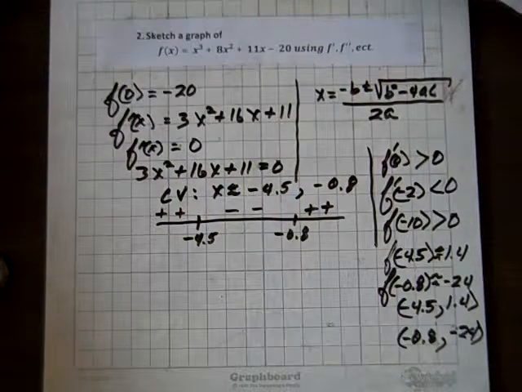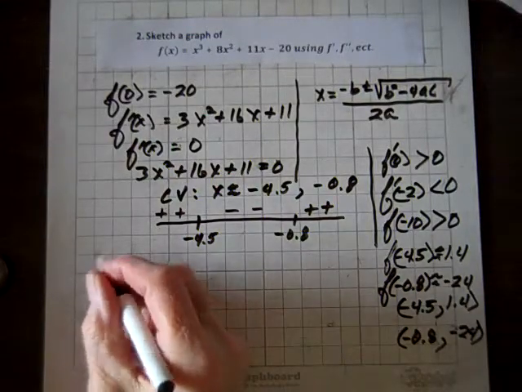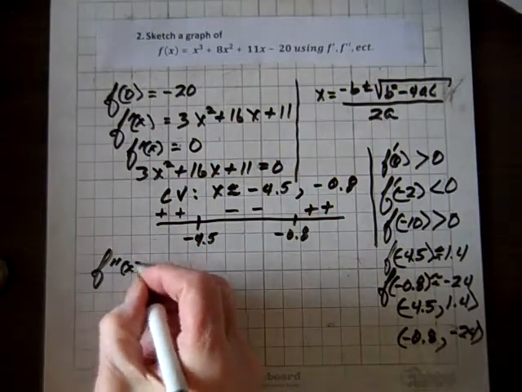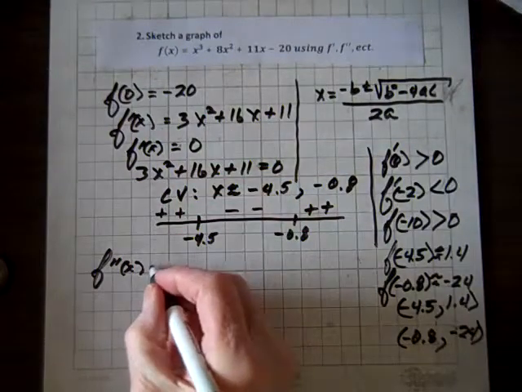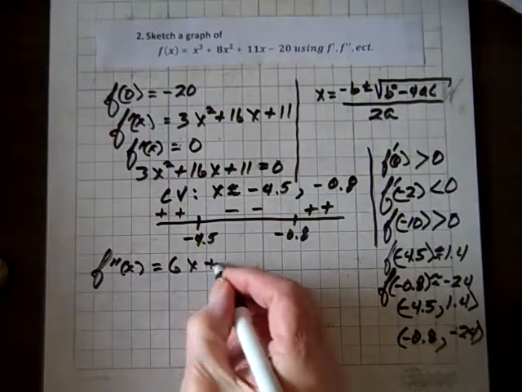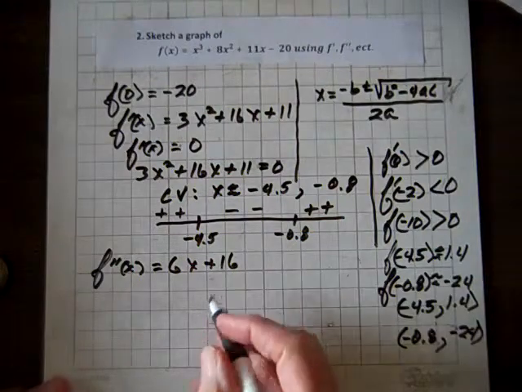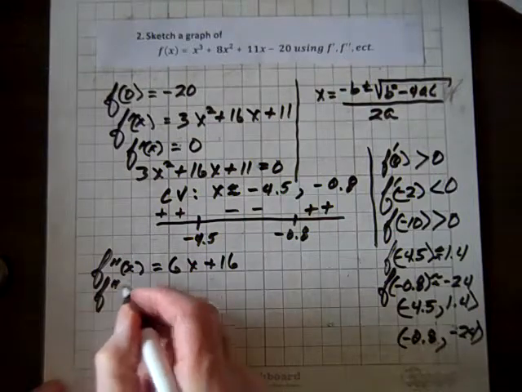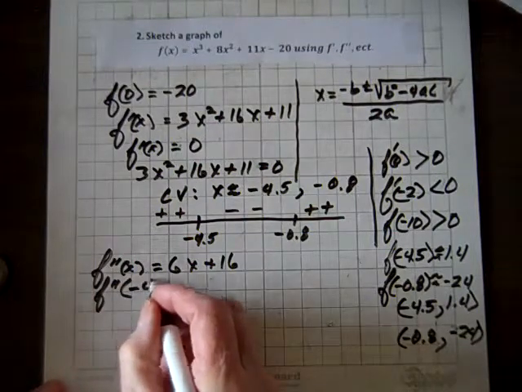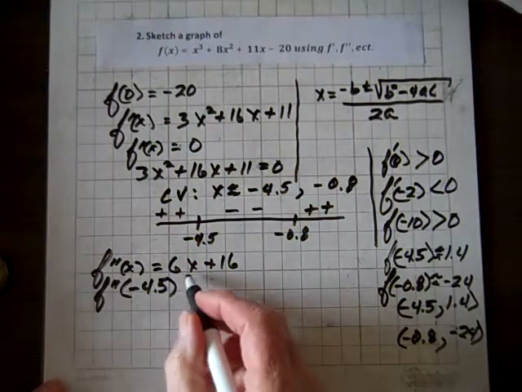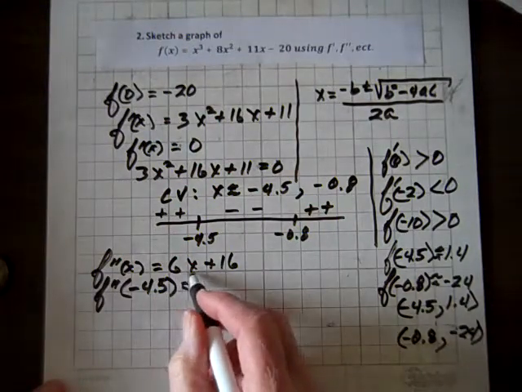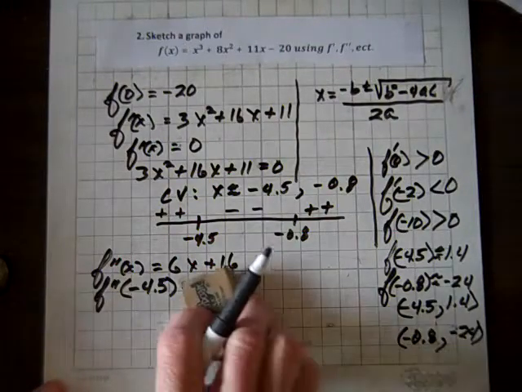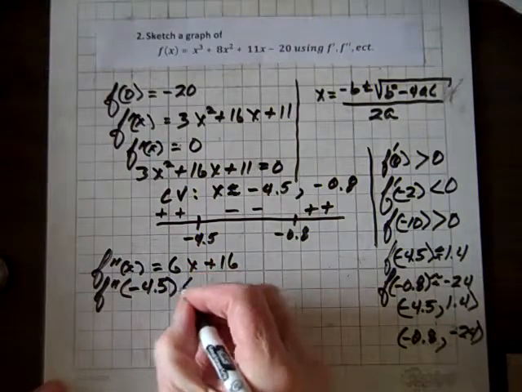So now let's find the second derivative and check for concavity and for the inflection point. So f double prime of x, the derivative of this, is going to equal 6x plus 16. Now let's evaluate f double prime of negative 4.5. You can see by inspection, when we replace x with negative 4.5, the negative is going to dominate, so this will be less than 0.